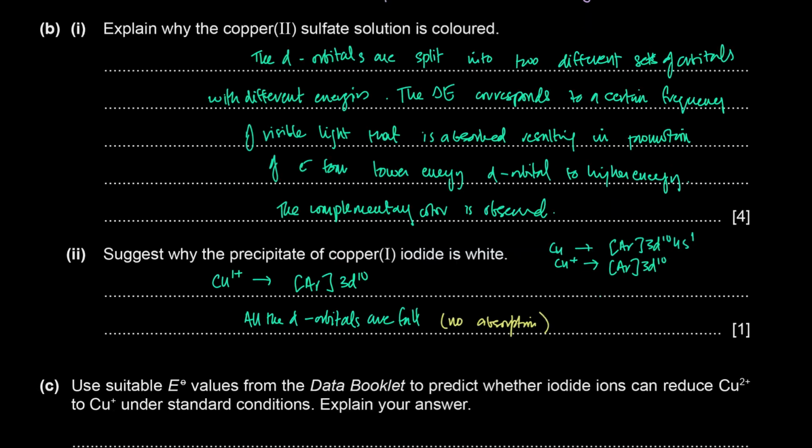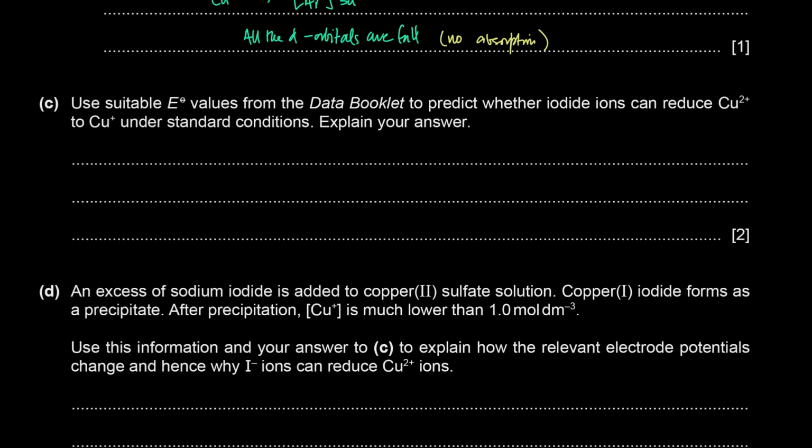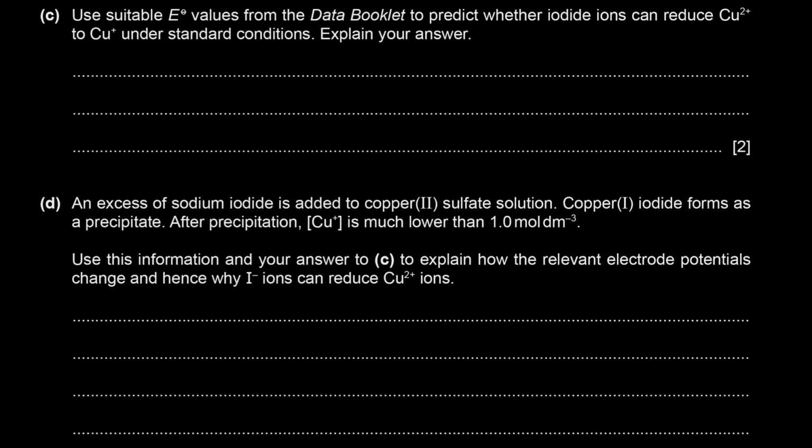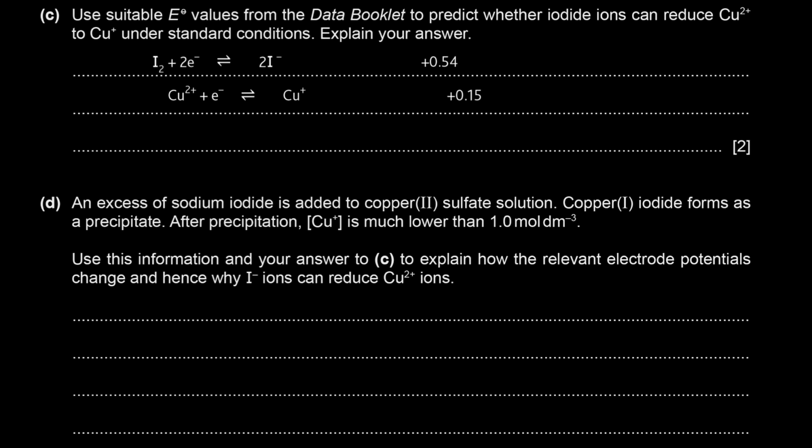Use suitable E0 values from the data booklet to predict whether iodide ions can reduce copper 2 plus to copper 1 plus under standard conditions. Explain your answer. Now from the data booklet, we have these two half equations. The question is asking whether iodide ions can reduce copper 2 plus to copper 1 plus.